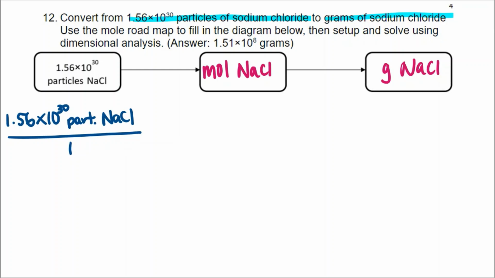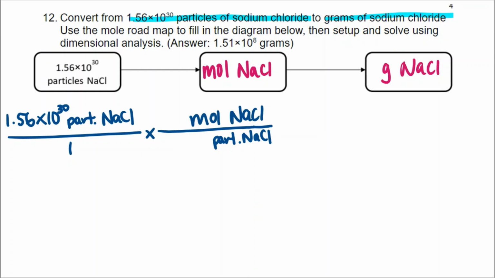If you do 10 million divided by 10 million, it's equal to 1. If you do x divided by x, it's going to be 1. So if we divide particles by particles, that should cancel out. So I'm going to put particles of NaCl on bottom. And in this first step, we're trying to change particles into moles.